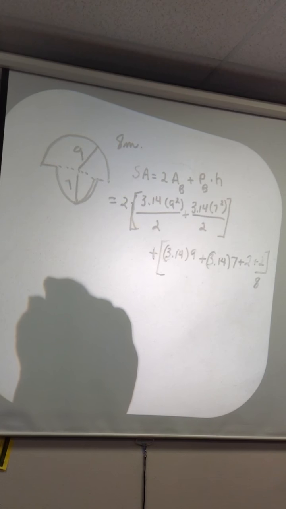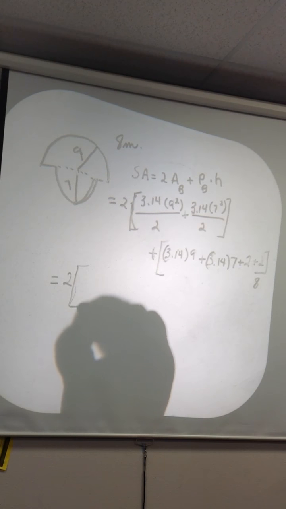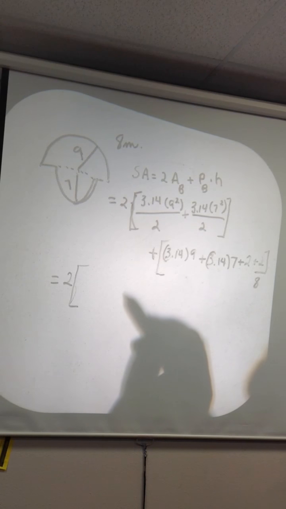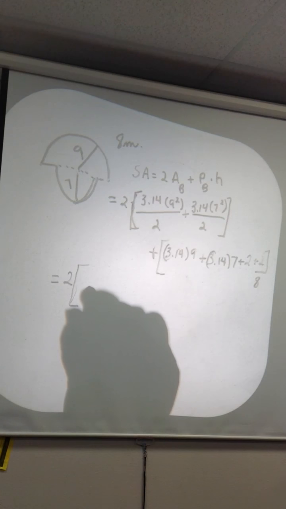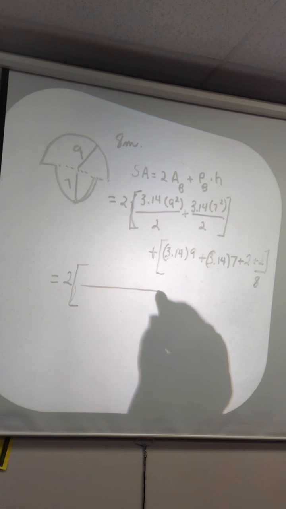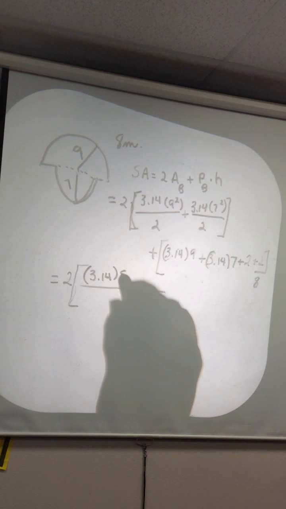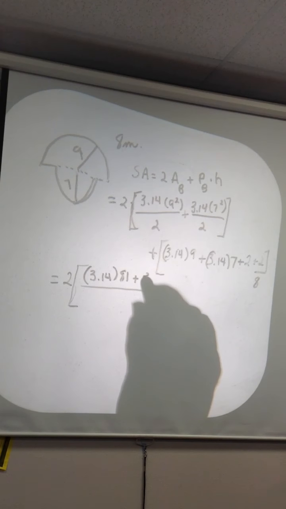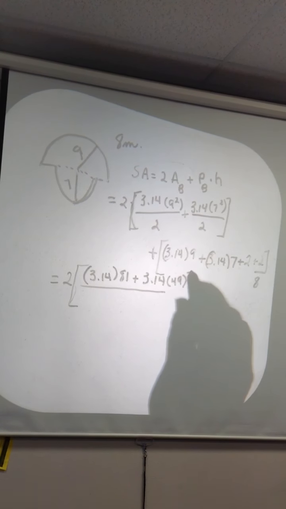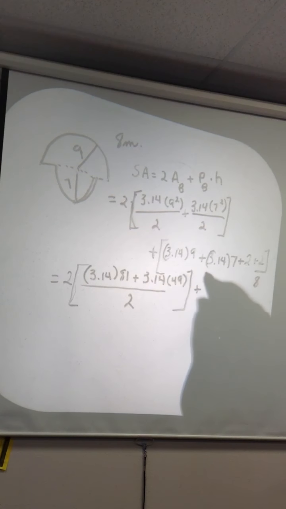Now, let's go down here where I have a little more room. This is going to equal 2 times. When you add fractions, what do you have to have? Common denominator, okay. We've got a common denominator right there, right? So this could have been written as 3.14 times 9 squared is 81, plus 3.14 times 7 squared is 49, all over 2, plus this thing.